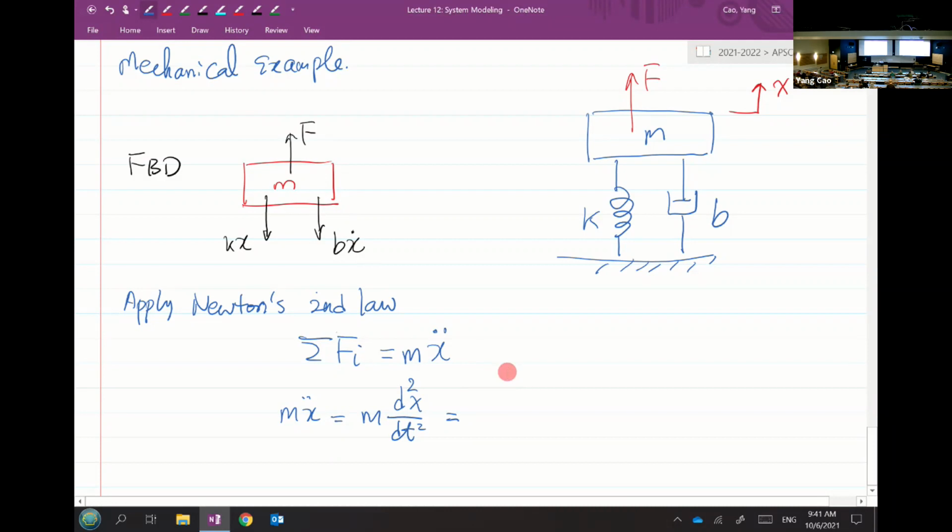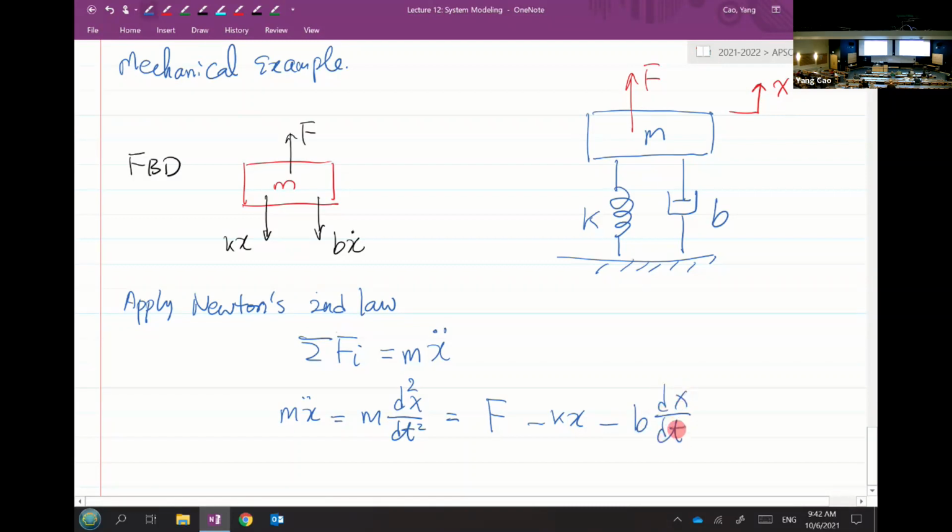For this force here, should I put a negative or positive? Positive. Why? Because look at the way the arrow is drawn. It's in the same direction as X. Then for this force, it's negative because this vector drawn here is in the opposite direction of the X set here. Okay, very good.